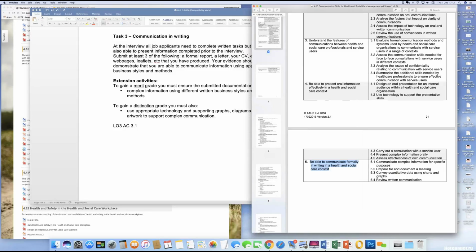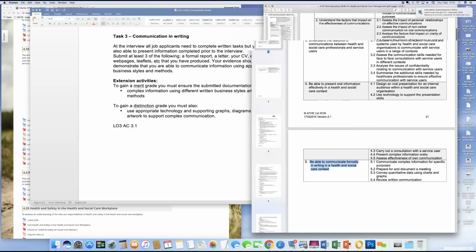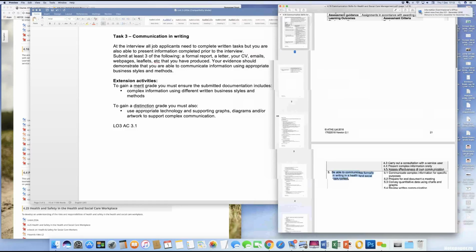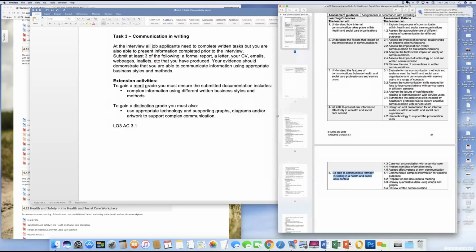Some of the methods we can use for written communication would be a formal letter or a report that you write, right? You've seen a number of patients, you're a nurse or a care worker, for example, and your manager expects you to write a brief report before you finish work that day.